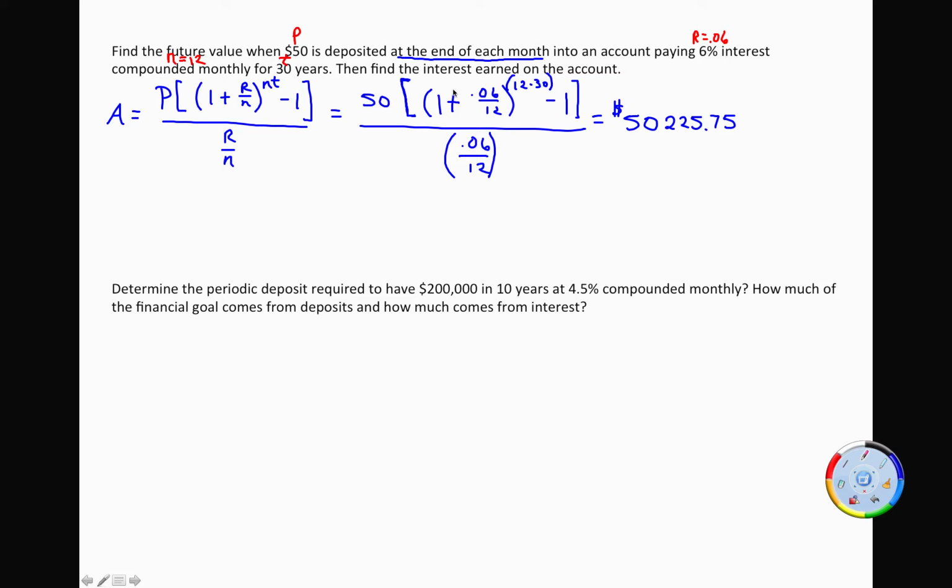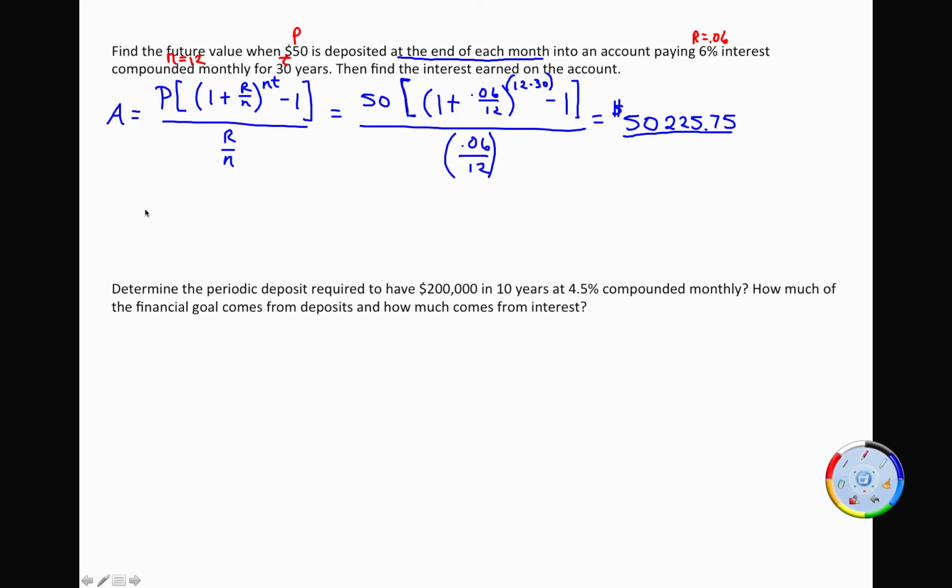Okay, but this question didn't say how much are you going to have in 30 years. If it did, there's my answer. That's how much I'm going to have in 30 years. What it asked me was, how much interest did I make? Well, in order to know the interest that I earned, I need to know how much I deposited into the account.